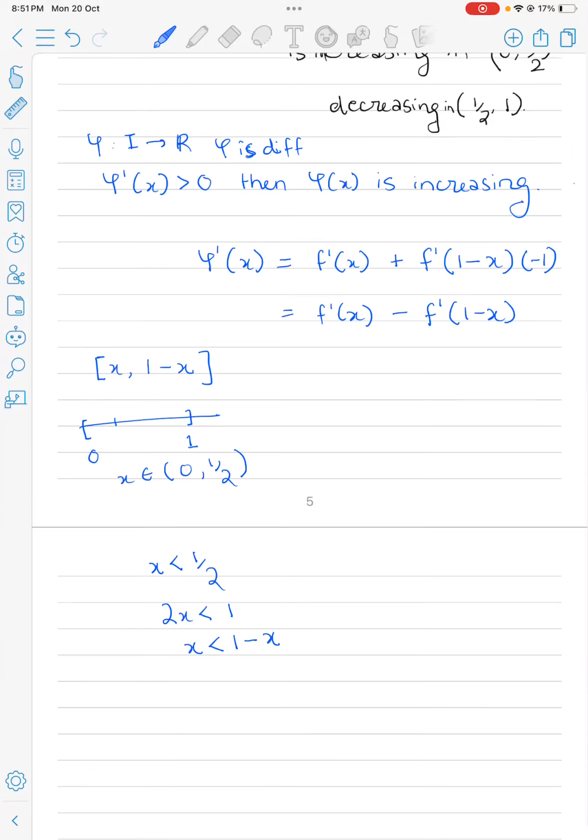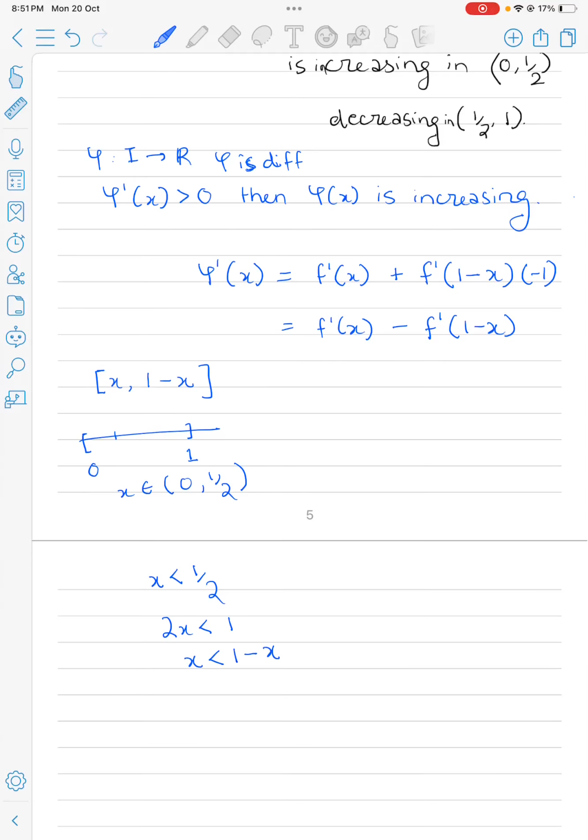If your x belongs to 0 to half, then this holds true. So let's say x is here, then 1 minus x is somewhere here because it is greater, right? So I want to use the mean value theorem on this interval for f dash. I can do that because f is twice differentiable, so f dash is differentiable as well.